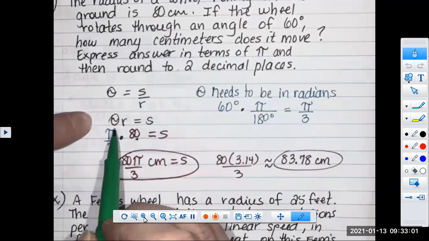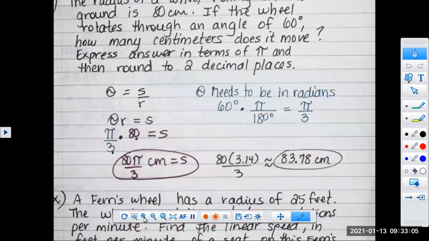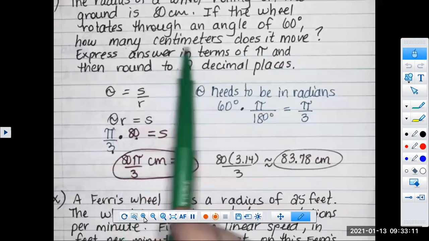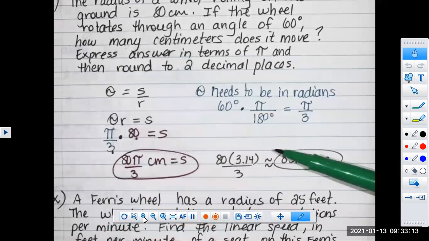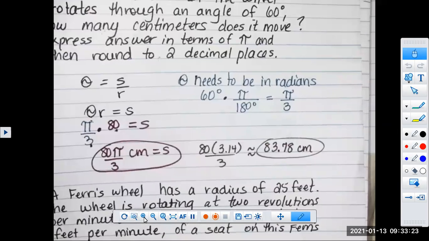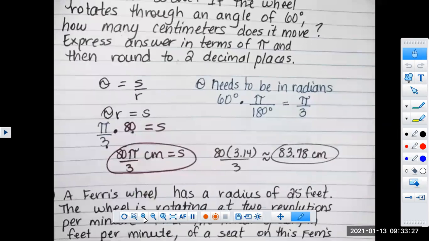So pi over 3 times 80, your radius length, and that's going to give you 80 pi over 3 centimeters if they leave it in terms of pi, or you multiply by pi and get 83.78 centimeters. So if it's just saying you've got this circular object, it's rotating, what distance did it travel? You're finding S, arc length.